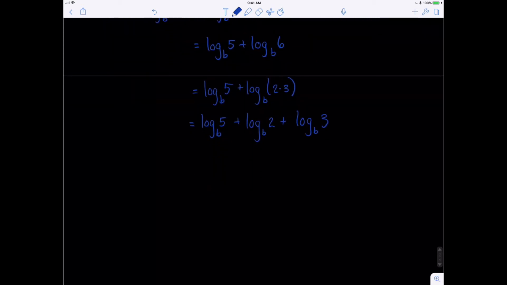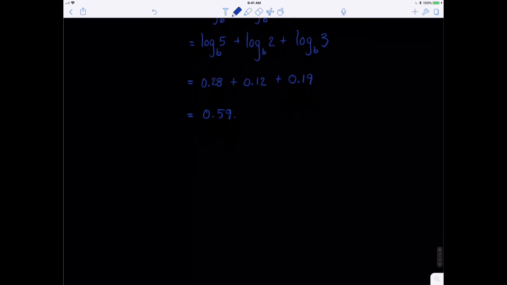Now let's use what we know. The log base b of 5 is 0.28, plus the log base b of 2 is 0.12, plus the log base b of 3 we said was 0.19. If I add these up, this is 0.40 to get 0.59. Isn't that clever?